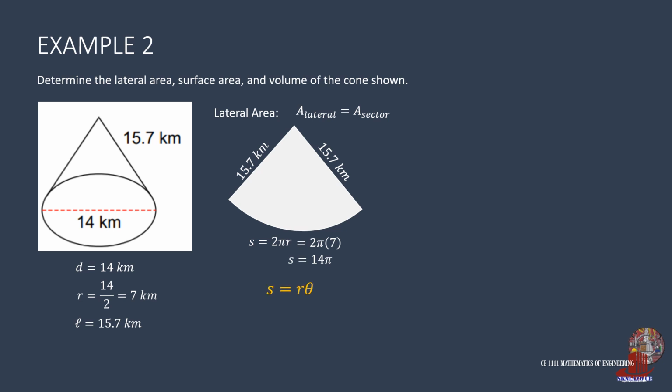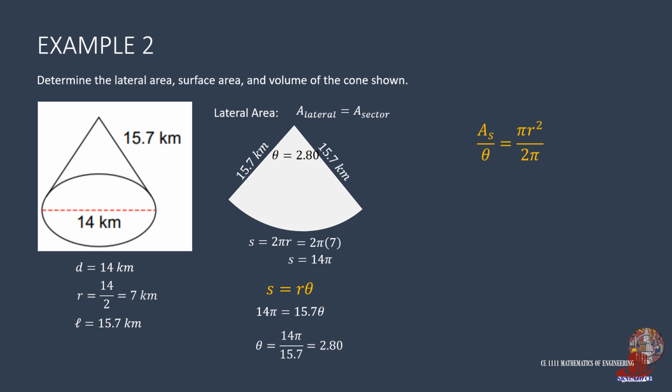With S as equal to r theta, place the given parameters to have 14 pi as equal to 15.7 theta. So theta is taken as 14 pi over 15.7, which is then simplified as 2.8.